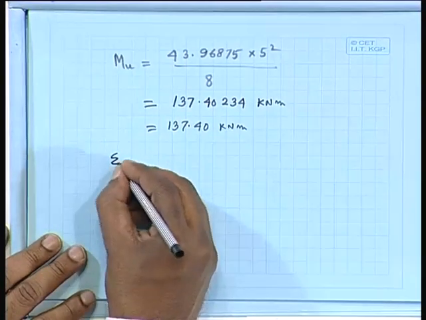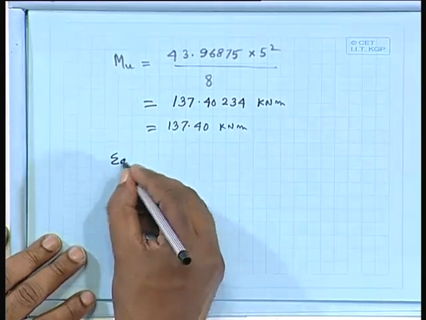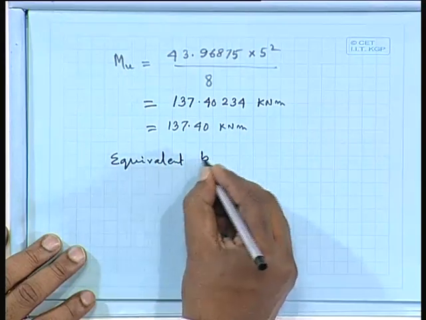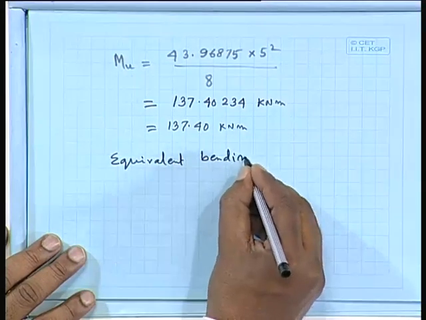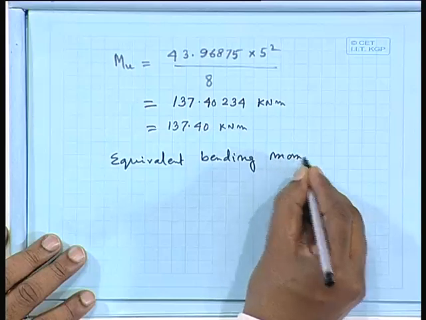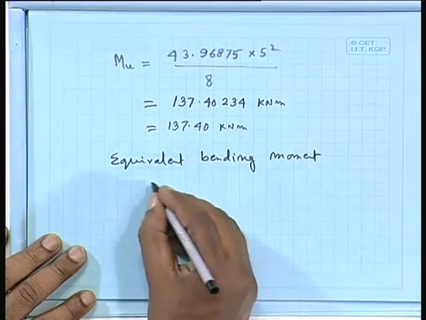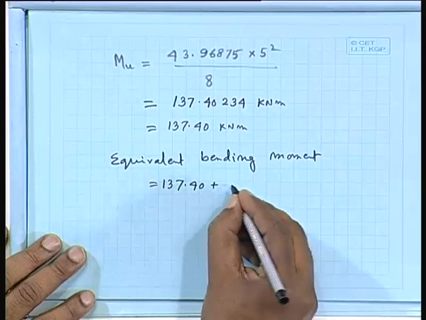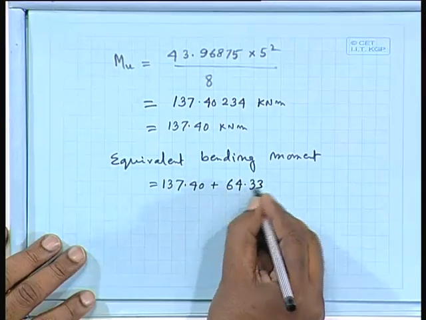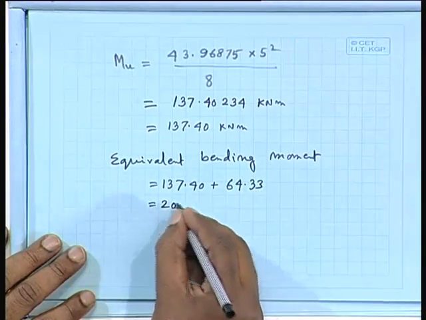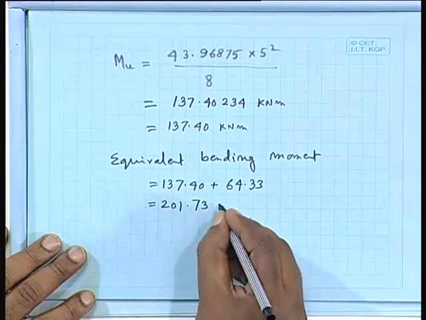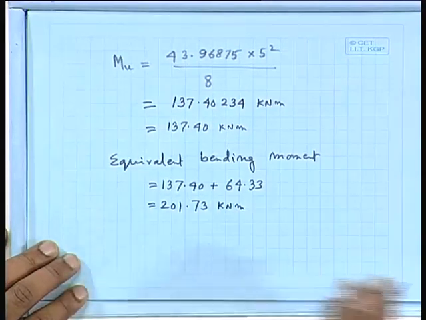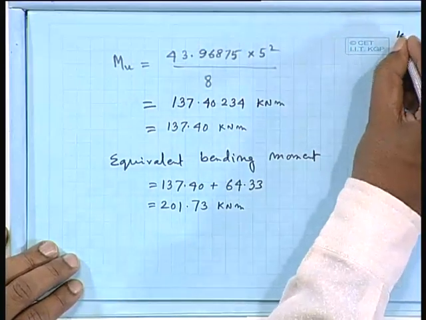So equivalent bending moment equal to 137.40 plus 64.33 equals 201.73 kilonewton meter. d equal to, let us calculate d.